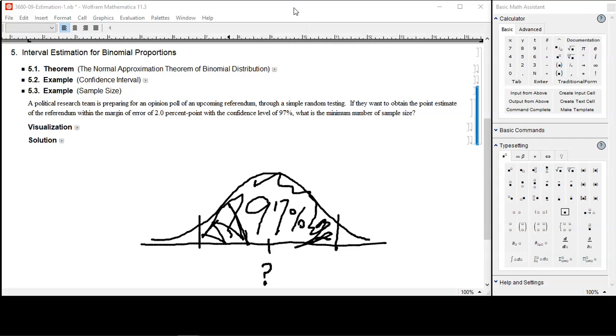So that means the other 3% come from the tails, which is 1.5% here and also 1.5% there. And then we have the left-hand side endpoint and the right-hand side endpoint.